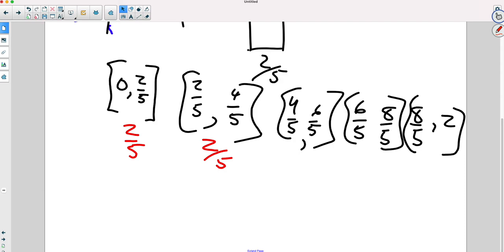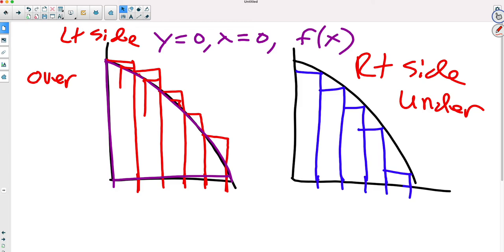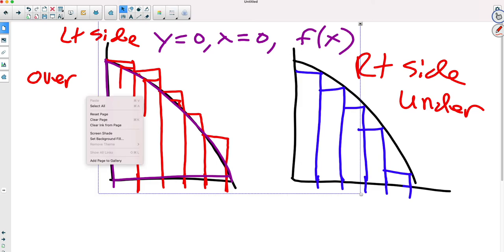Now, there's going to be a difference in the height of each of these rectangles based on if we're starting from the left side, as opposed to if we're starting from the right side.